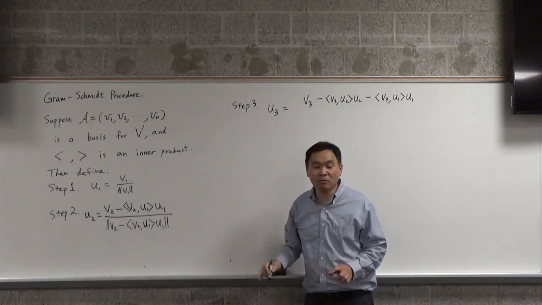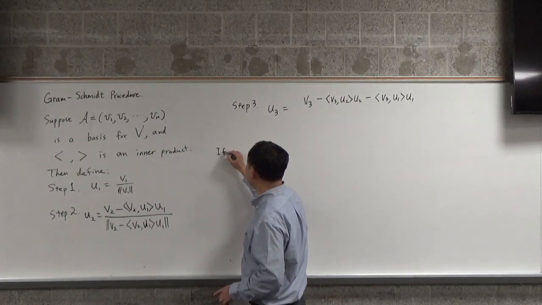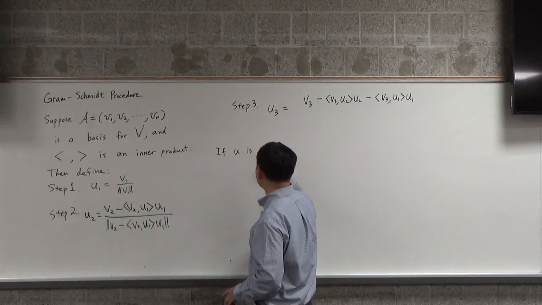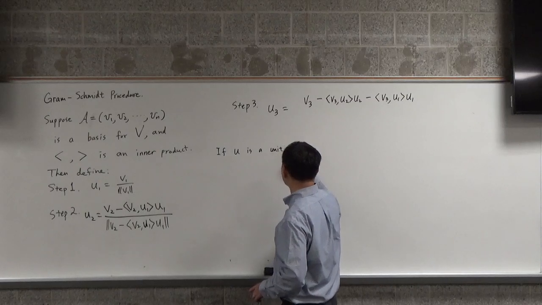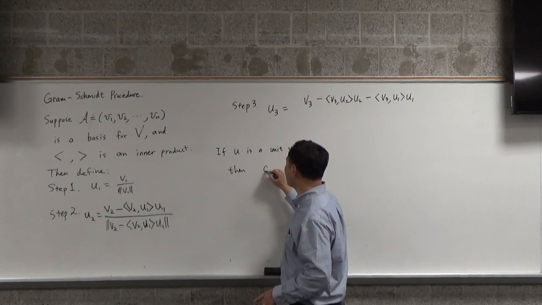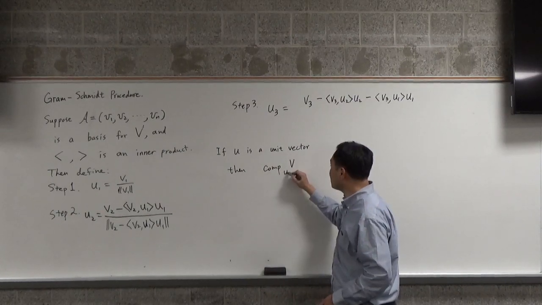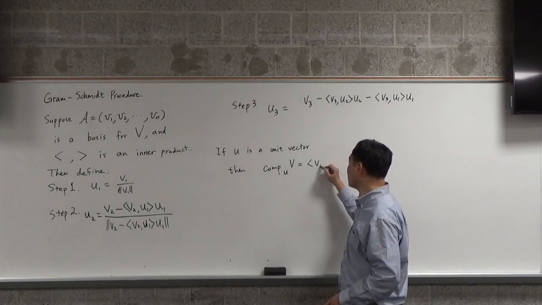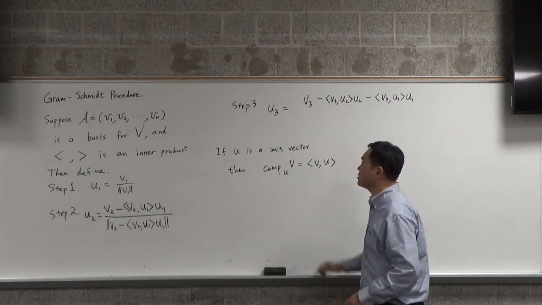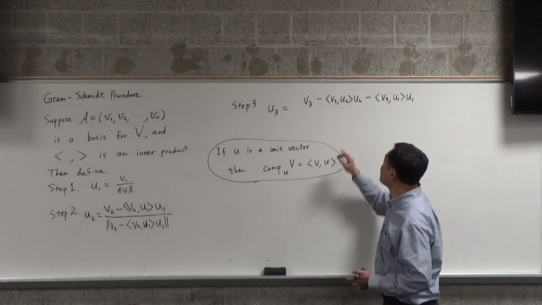It's really helpful to know that if u is a unit vector, then the component of any vector v in the u direction is simply v dot u.